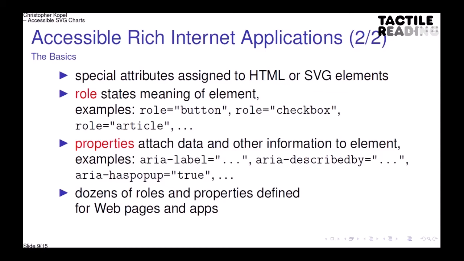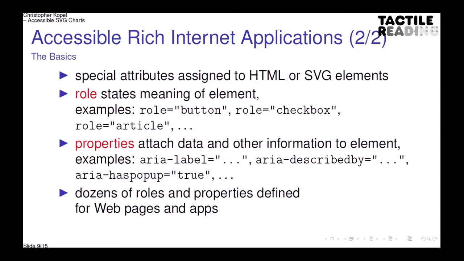There are several types of ARIA attributes. The two most important ones for this purpose are the roles and properties. An ARIA role defines the semantics, that is the meaning of an element. For example, button or checkbox or article. Then there are also properties which add some further information to the object.